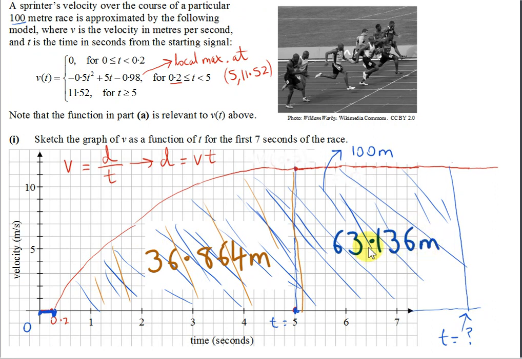So how do we arrive at this area? We have a rectangle here whose height we know is 11.52. I'll write it over here. 11.52 is the height. And we just need to find this distance here. So we take 63.136 and divide by 11.52, since we have the sides of a rectangle.